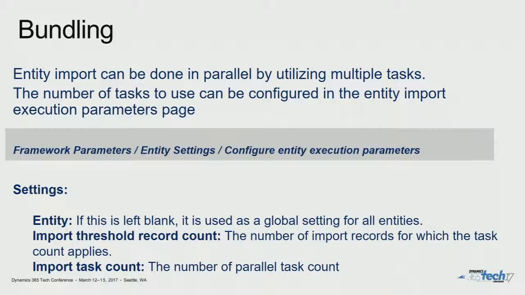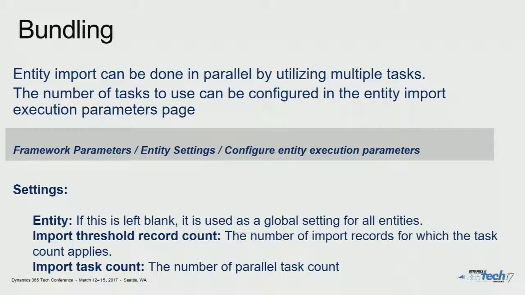If you're coming from 2012, the setup has really changed. The configuration is under framework parameters and entity settings. Typically you would see 3 settings here. The entity name: if you leave the entity name blank, it assumes that this rule applies to all entities, and if you provide a name or select an entity, then it is specific to that entity.